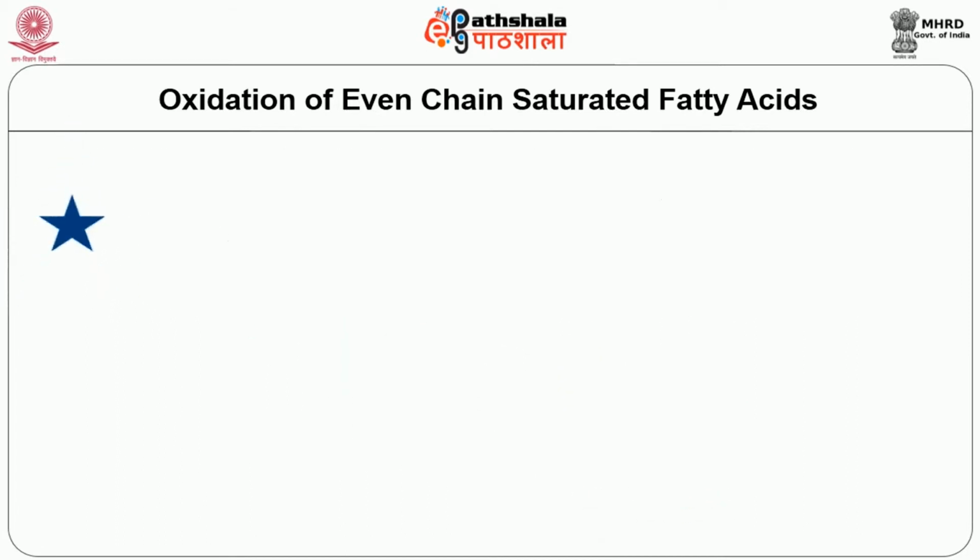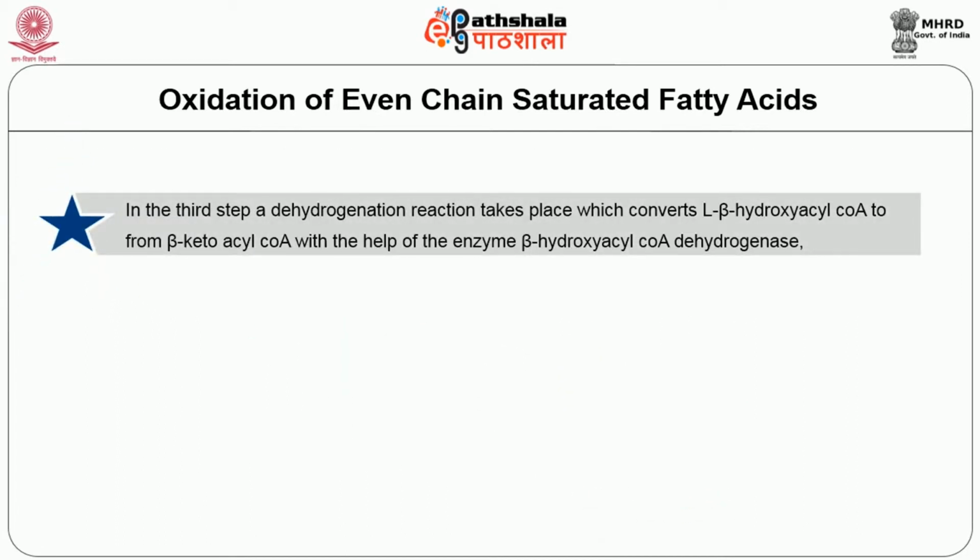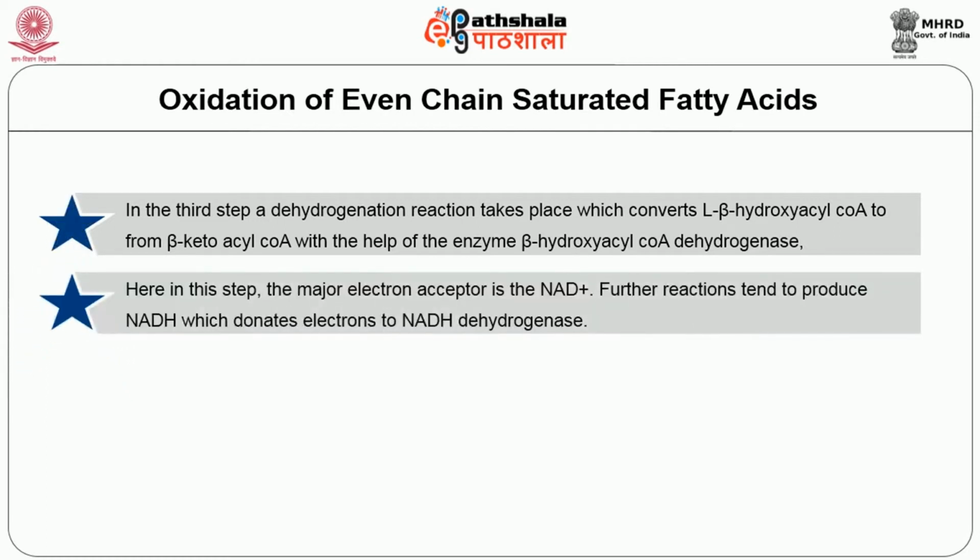In the third step, a dehydrogenation reaction takes place which converts L-beta-hydroxyacyl-CoA to beta-ketoacyl-CoA with the help of the enzyme beta-hydroxyacyl-CoA dehydrogenase. Here, the major electron acceptor is NAD+. Further reactions produce NADH, which donates electrons to NADH dehydrogenase.